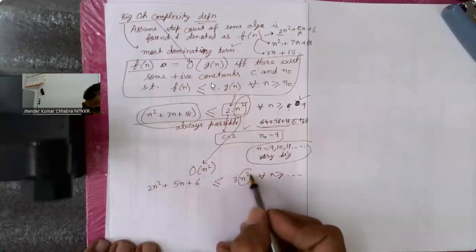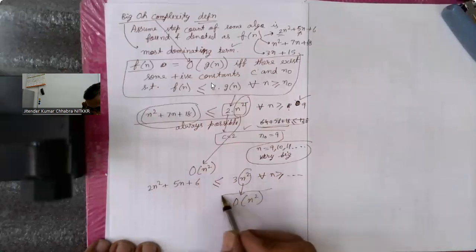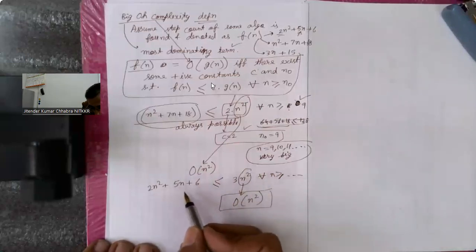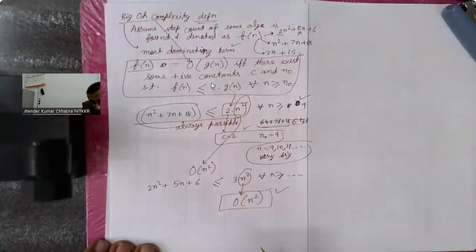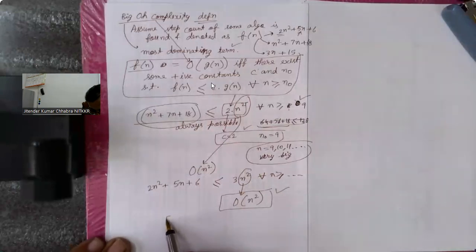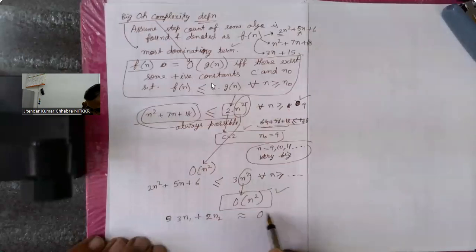Again I say my time complexity is order of n square. So the purpose is effectively to find the dominating term, and that's why mathematically we claim this. So whether my algorithm has a complexity of, say, 3n1 plus 5n4 plus 2n2, it is going to be claimed to be order of n1 plus n2.